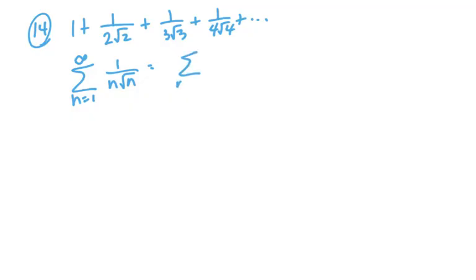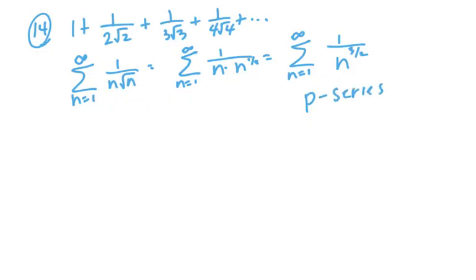Notice that this means the sum of 1 over n times n to the 1/2, right? Now what do you do when you have like bases? You multiply those powers. So we have 1 over n to the 3/2. Look at that p-series right there. P-series, yay!